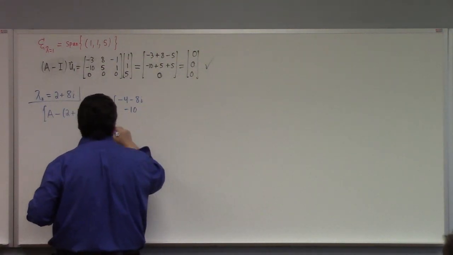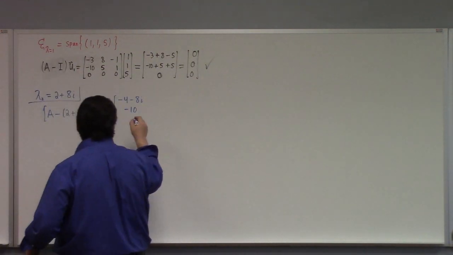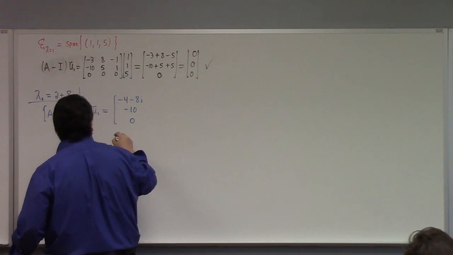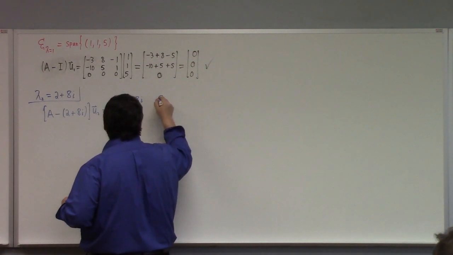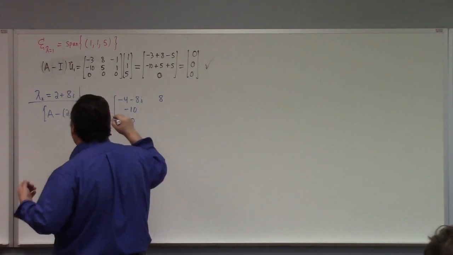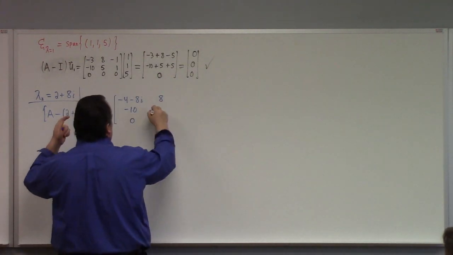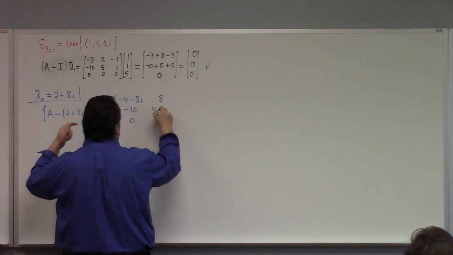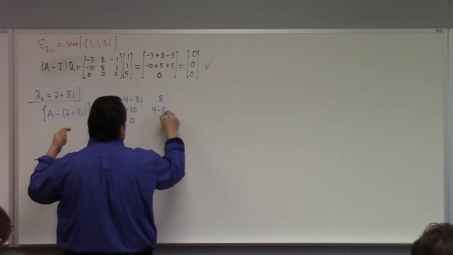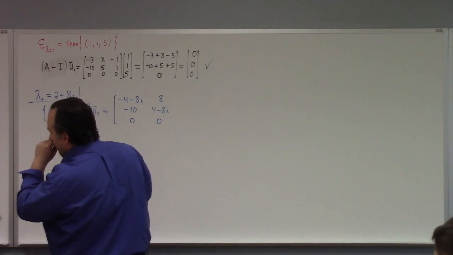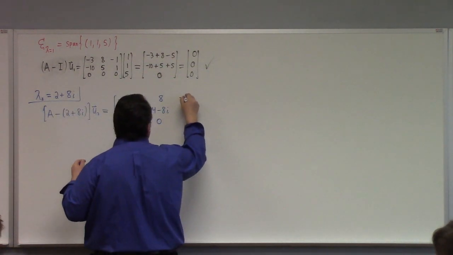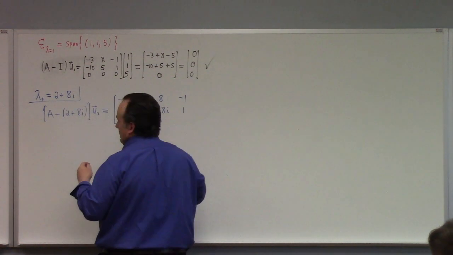Should have worn my glasses today. 0. And let's see here. Next up, we've got that 8 up there. I've got 6. 6 minus 2 is 4. The imaginary part's still minus 8i. All right. 0 down here. And then finally, minus 1, 1.